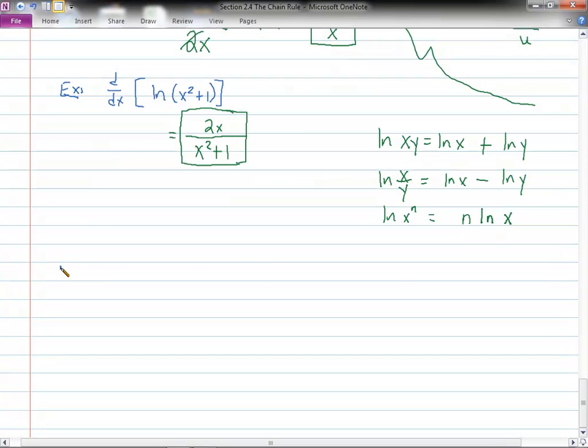If I gave you the natural log of x times x squared plus 1 squared divided by the square root of 2x cubed minus 1. Without the properties off to the right there, that's just mean for me to assign to you. Because what would you have to do?